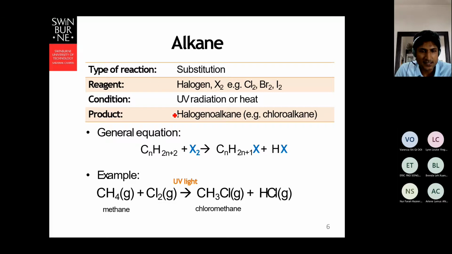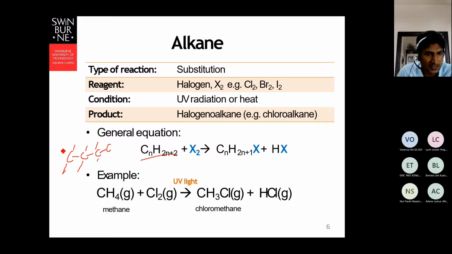But if we can substitute one hydrogen from this hydrocarbon, like this, a carbon is bonded to another carbon, then to another carbon, and this way it continues. It can be a big chain or a small chain, depending on the hydrocarbon.